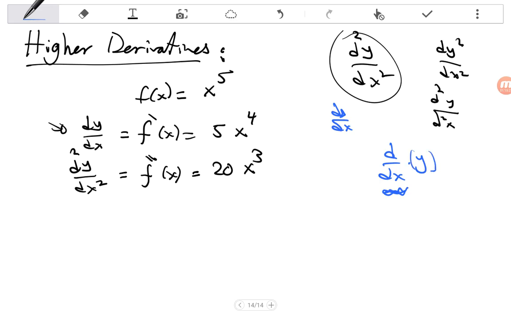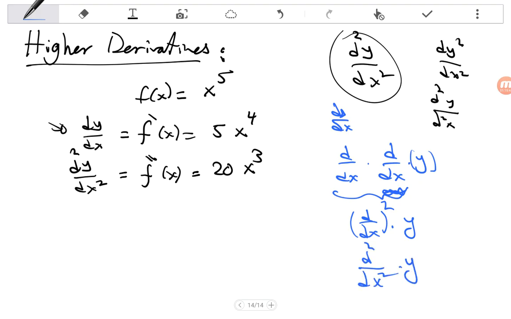If I operate again with d by dx, I may look at the two as a single operator, d by dx all squared, operating on y. Then we distribute that square.